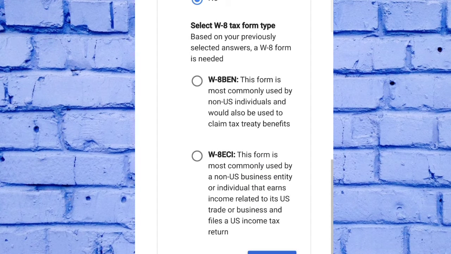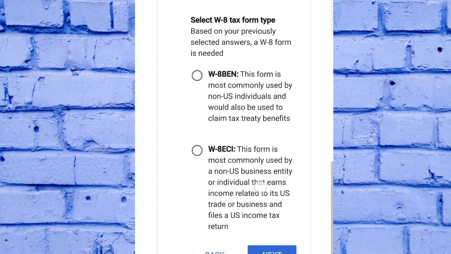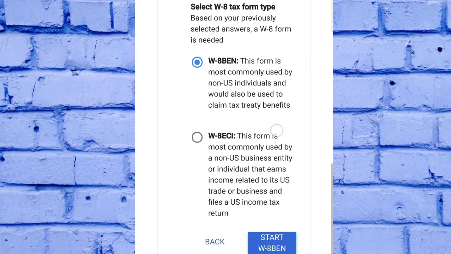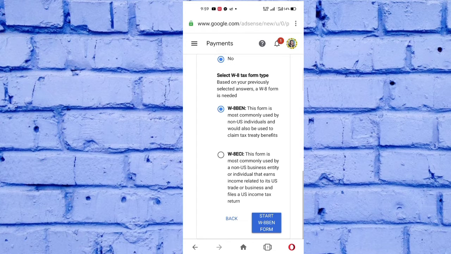The second choice is W8ECI, this form is most commonly used by non-US business entity or individual that earns income related to its US trade or business and files a US income tax. So, non-US tayo, so ito yung W8BEN ang i-tap natin. Then, start W8BEN form.